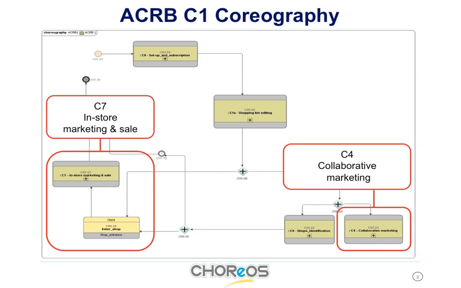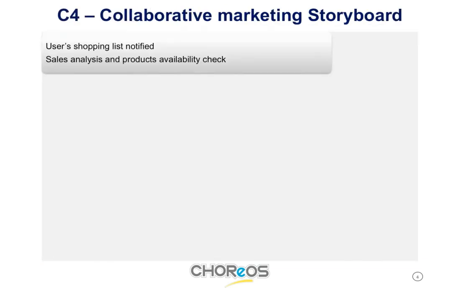In particular, C7 scenario is made up of two sub-choreographies, enter shop and in-store marketing and sale. Let's start analyzing C4 scenario, collaborative marketing. The scenario starts when the marketing application receives the user shopping list.